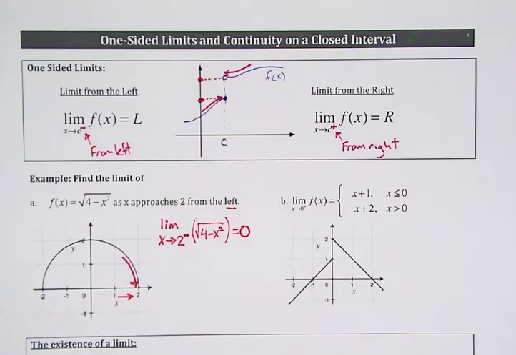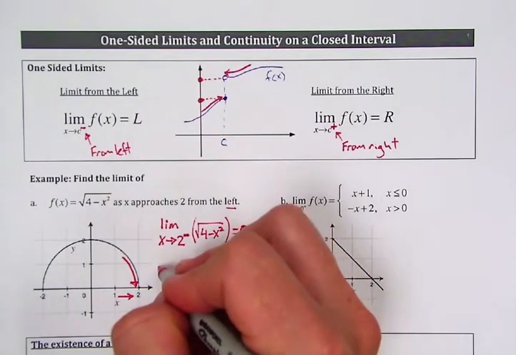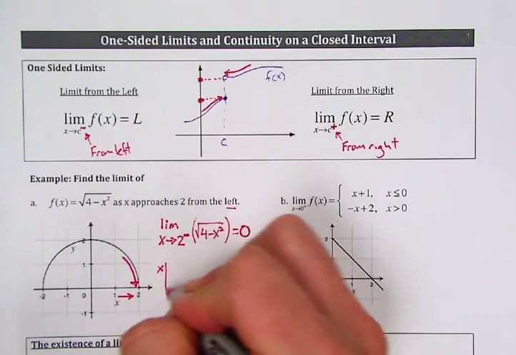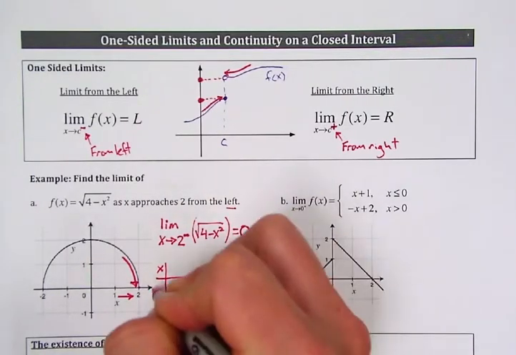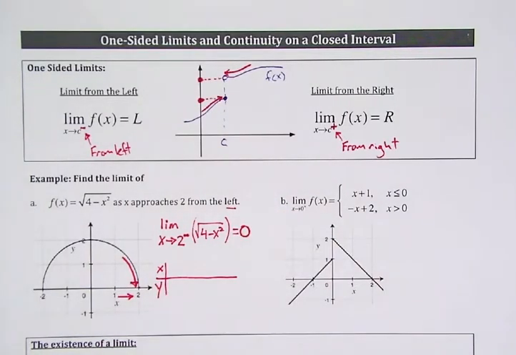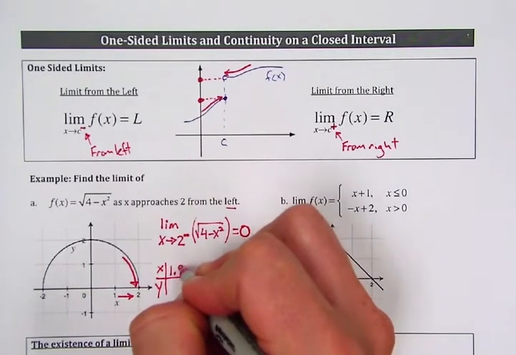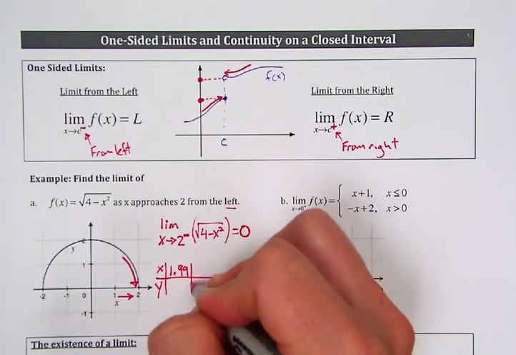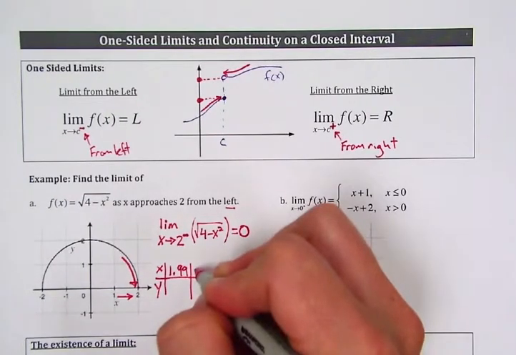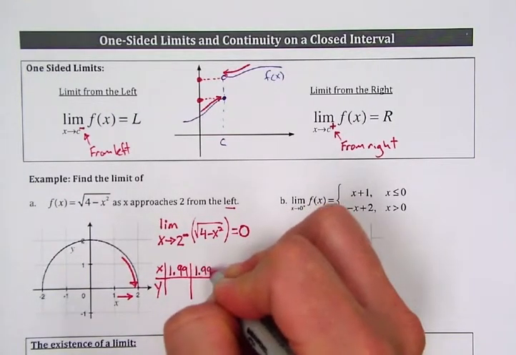If we were to find this numerically, we could make a table of values like we did before, except now all we have to do is make sure the numbers start lower than 2 and get closer to 2.